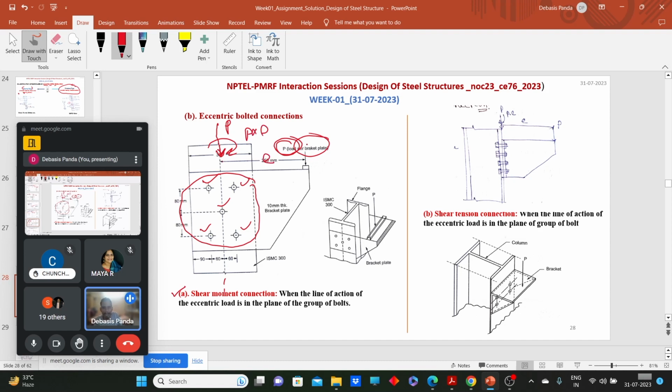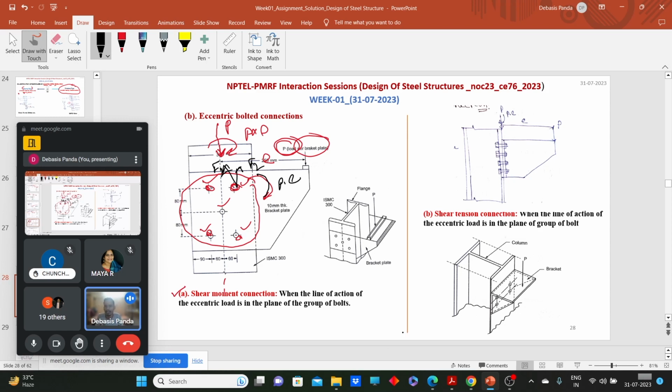Due to the direct load, direct shear will be induced in the bolt, and due to this moment, another force is developed. So F1 and F2. We will discuss it later when we understand these things.